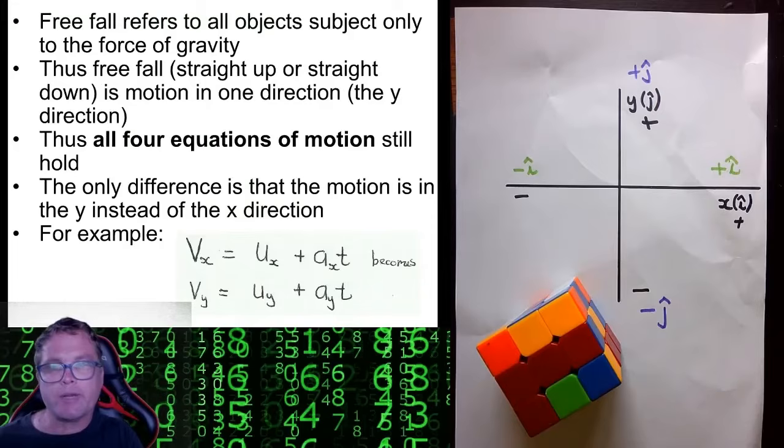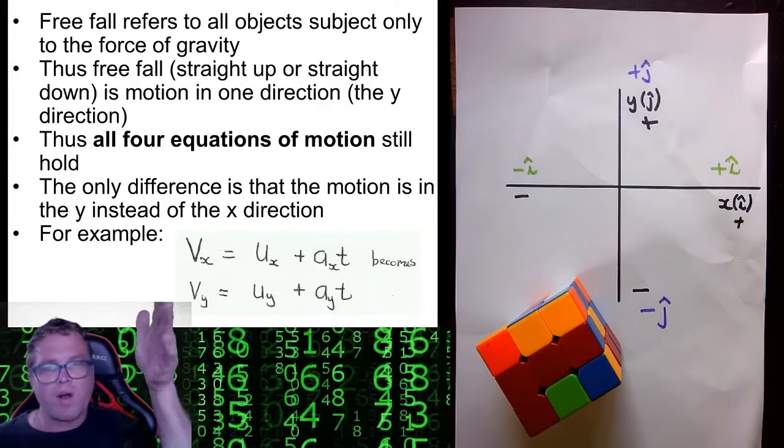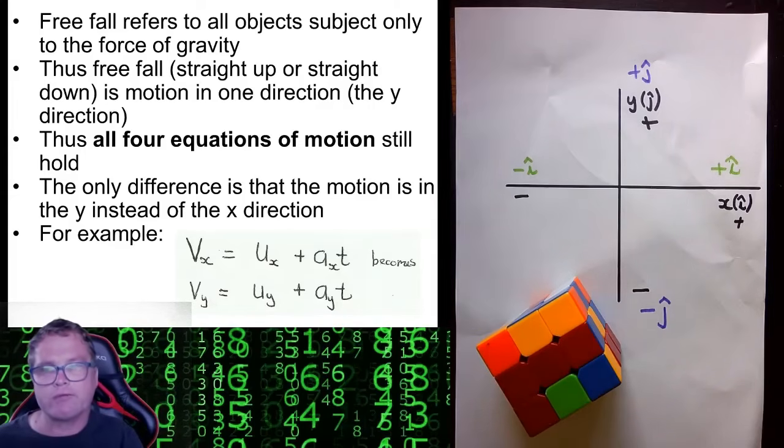Some further points relating to free fall. Free fall refers to objects subject only to the force of gravity. So if we're speaking of objects only subject to the force of gravity, it's free fall. Free fall can be straight up or straight down motion in one direction, and it's the y direction. So if we speak of an object traveling in the y direction only under the force of gravity, we're speaking about free fall.